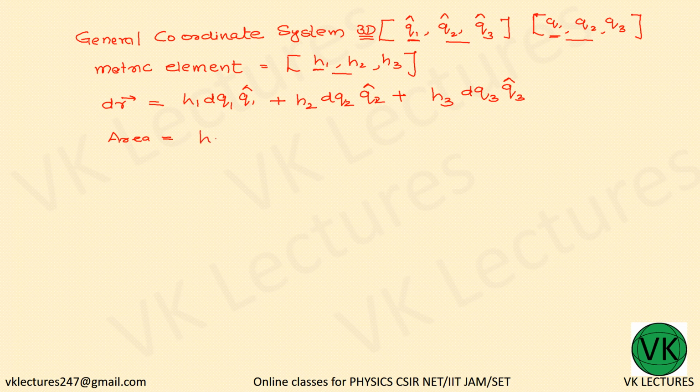First two, let us take h1 h2 dq1 dq2, in the direction of q3 cap, that is, the product of two in the direction of the third. Another area vector is h2 h3 dq2 dq3, in the direction of q1 cap, following the cyclic order: q1 q2 in the direction of third, q2 q3 in the direction of q1, and q3 q1 in the direction of q2.